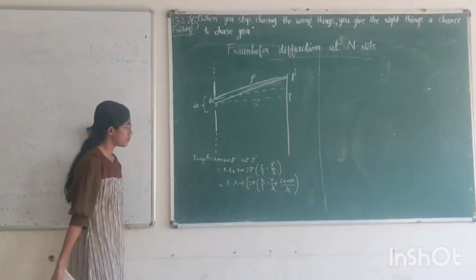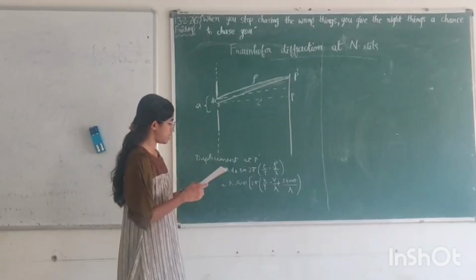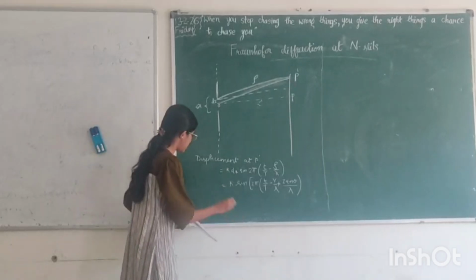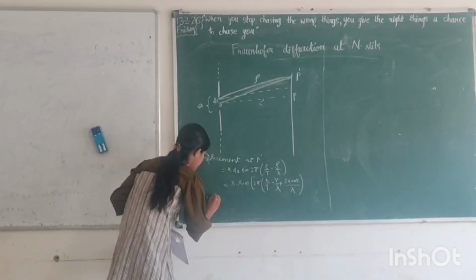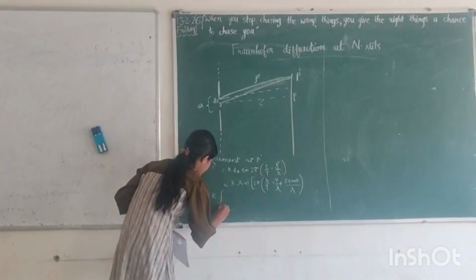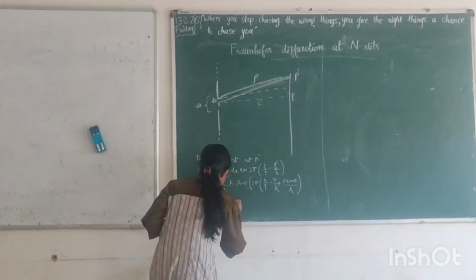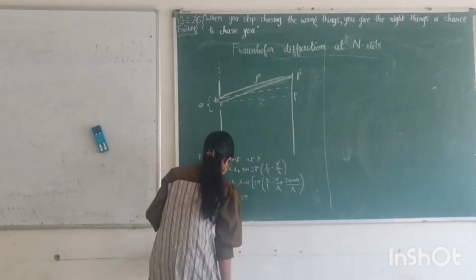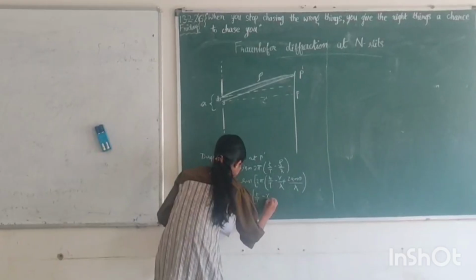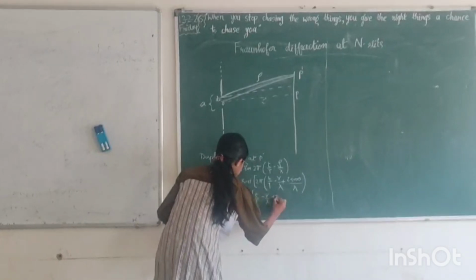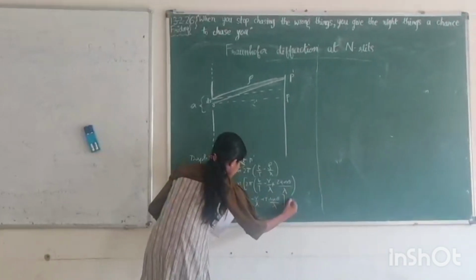Now, on summing the effects of all the elements from one edge of the slit to the other, for a single slit we get dy equal to K, which is a constant and will be taken outside, integral from minus a by 2 to a by 2 of sin 2 pi into t by T minus r by lambda plus z sin theta by lambda into dz.